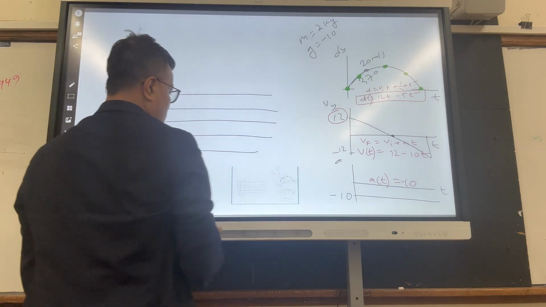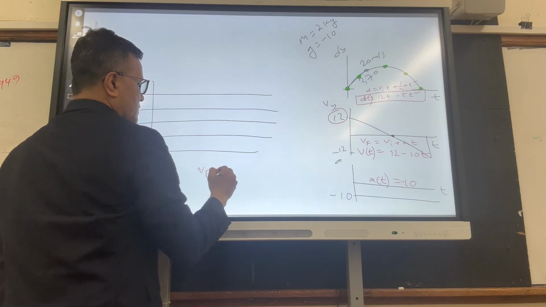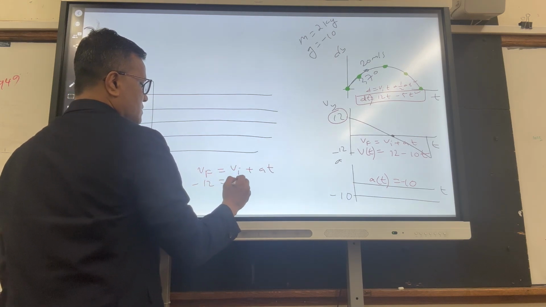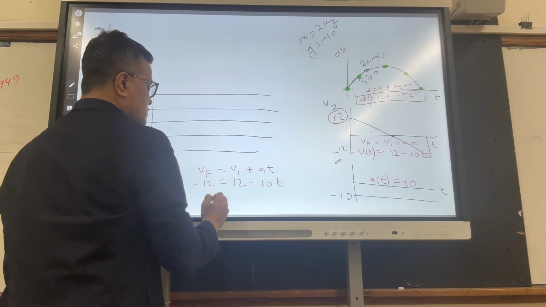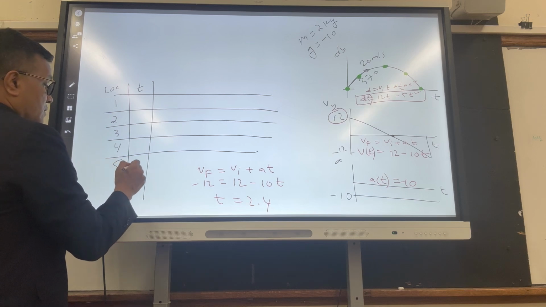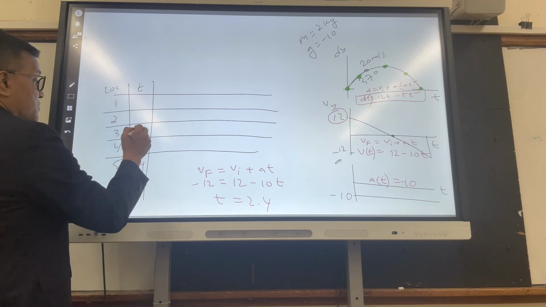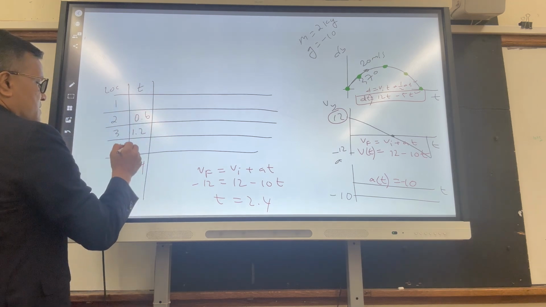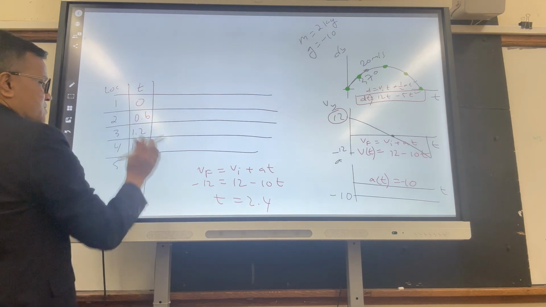What is the time at location 5? Okay, VF is equal to VI plus at. VF is equal to negative 12, VI is 12, minus 10t. So t is equal to 2.4. So this is 2.4. If this is 2.4, this must be 1.2. If this is 1.2, this must be 0.6, and then this must be 1.8, and this must be 0.